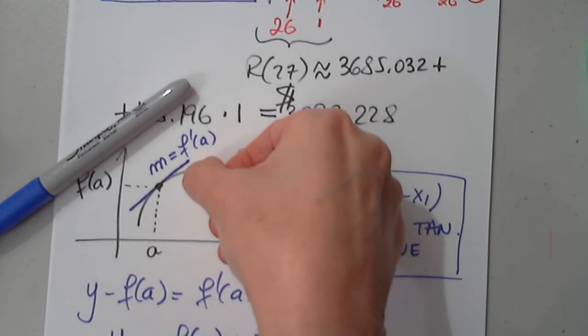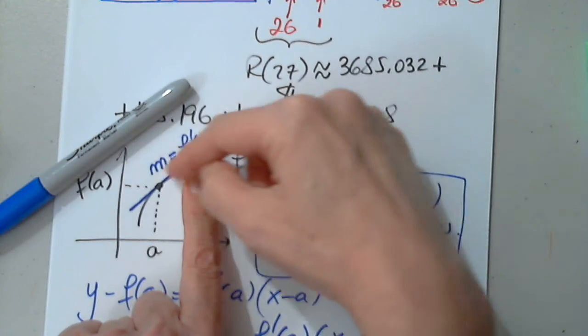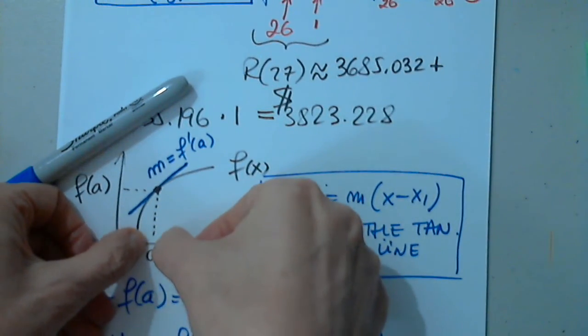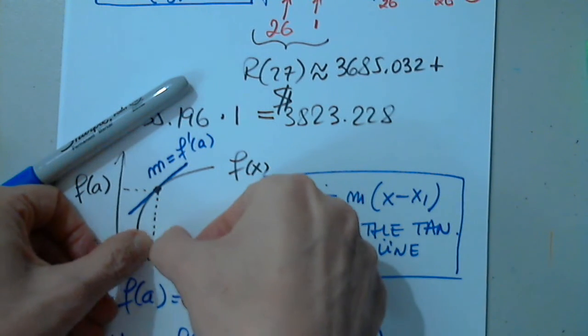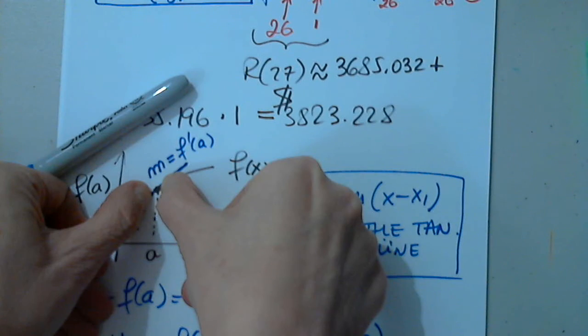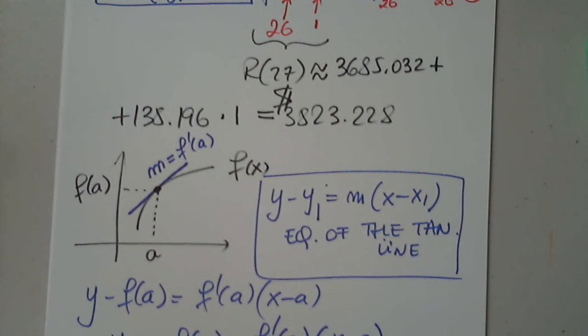But if I want to estimate here, I have to determine the equation of the tangent line here. But if this is 1,000 and I want 999 and 1,001, I can use the line. The error will not be big. That's all it means.